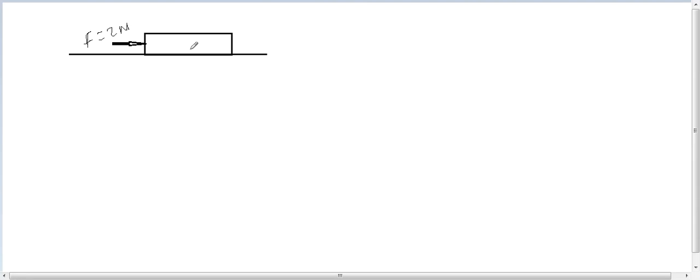Here this mass is 2 kg, and here F maximum, which I calculated earlier, is 6 Newton. This is a very simple question, and my aim is to explain things with the help of a simple question. I am not going to bombard you with a very difficult one first.